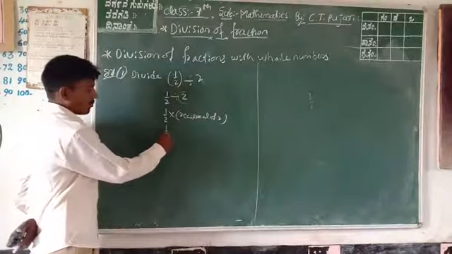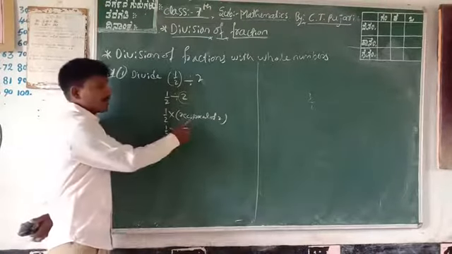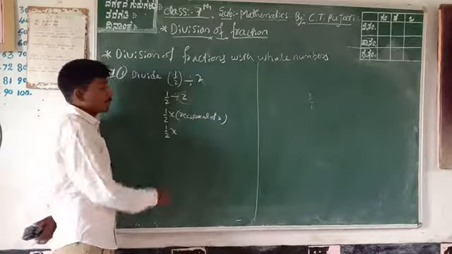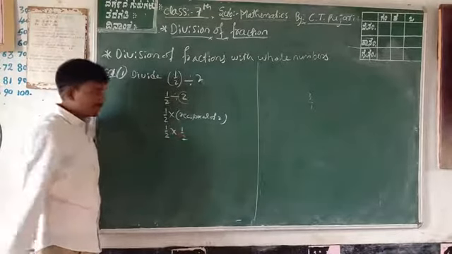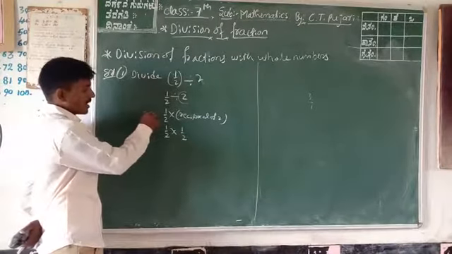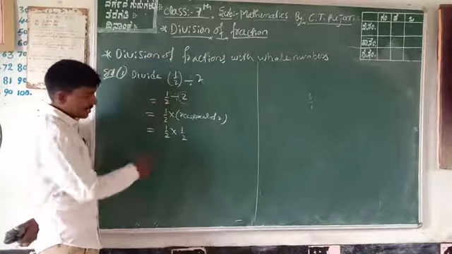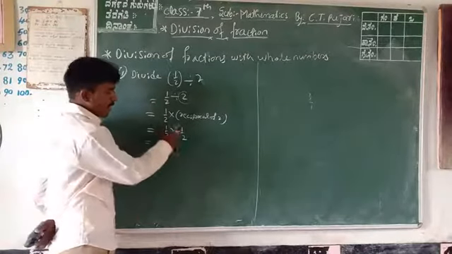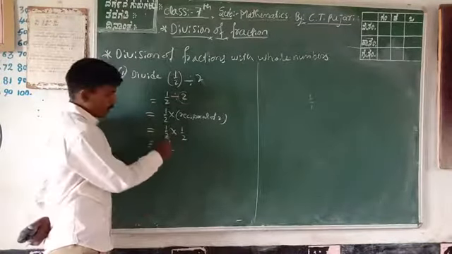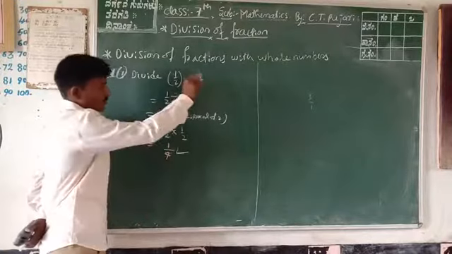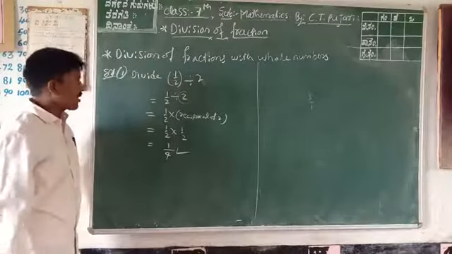What is the reciprocal of 2? It is 1 by 2. Now multiplication: 1 into 1 is 1, 2 into 2 is 4. The answer is 1 by 4.